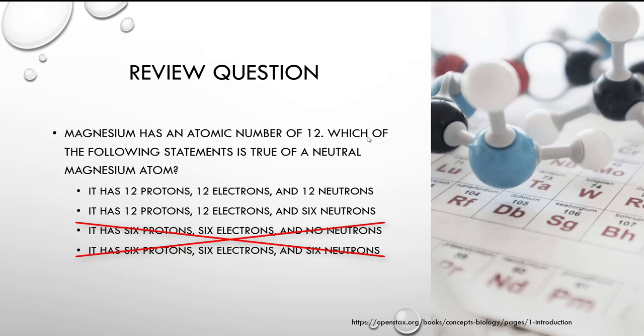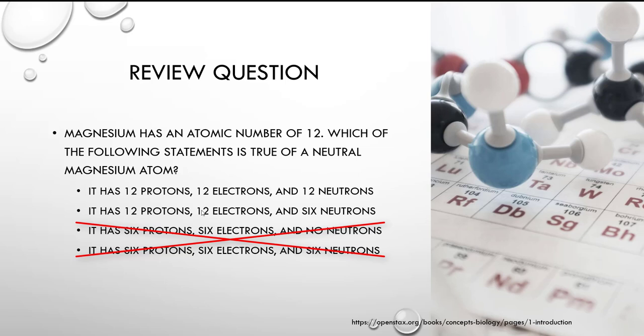Now, if we continue on, which of the following statements is true of a neutral magnesium atom? So what does neutral mean? It means neutral charge. So that means that it's not a positive or negatively charged atom. Okay, so that basically means it has equal number of protons to electrons. So that means both of these have equal number of protons to electrons.